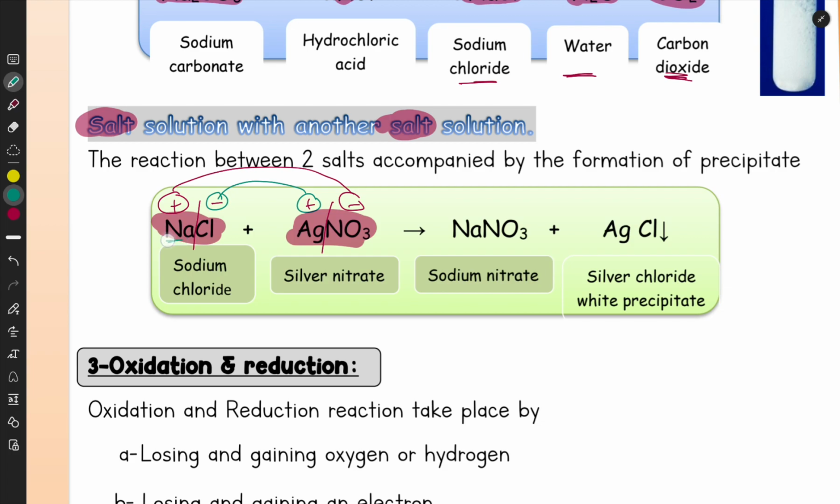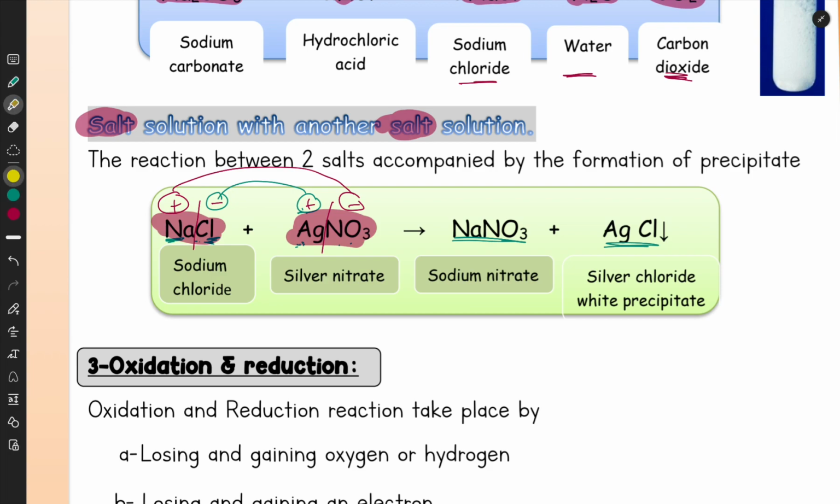The positive one here, Na, will attach to the NO3, so NaNO3. The positive one here, Ag, will attach to the negative one here, Cl, so the product will be AgCl. Of course, Ag comes first because it's positive. It's called silver chloride.